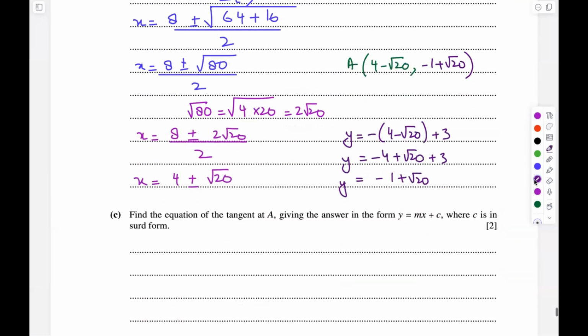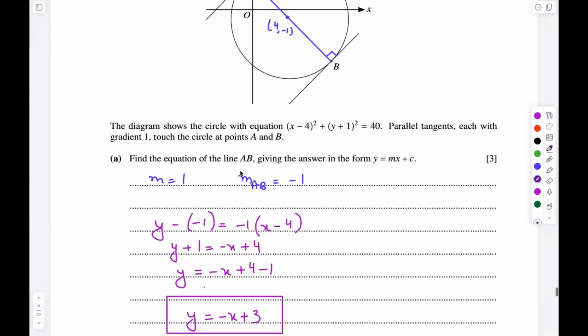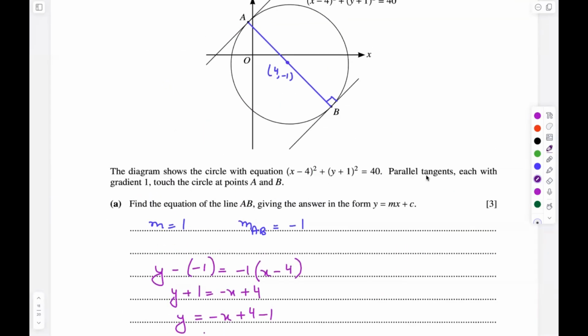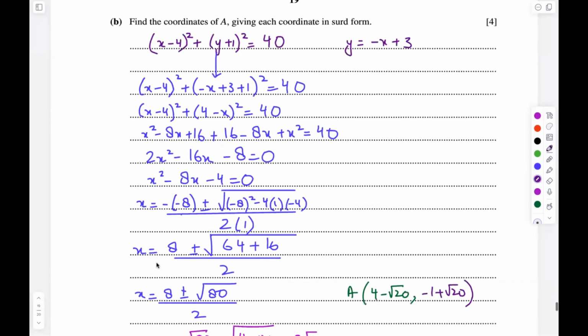In part C, we have to find the equation of the tangent at A, giving the answer in the form y equals mx plus c. Now we already have the coordinates for A, which are 4 minus root 20 and minus 1 plus root 20, and the gradient will be, we know from the equation that the gradient of these parallel tangents was 1.